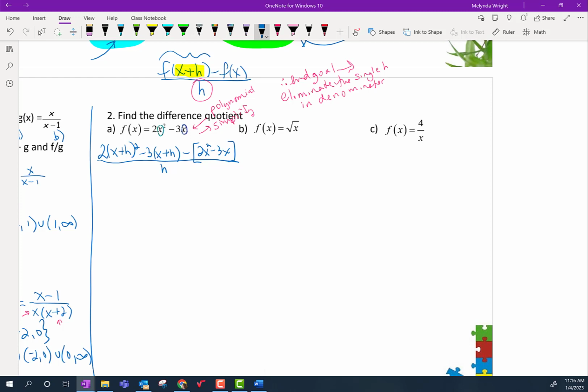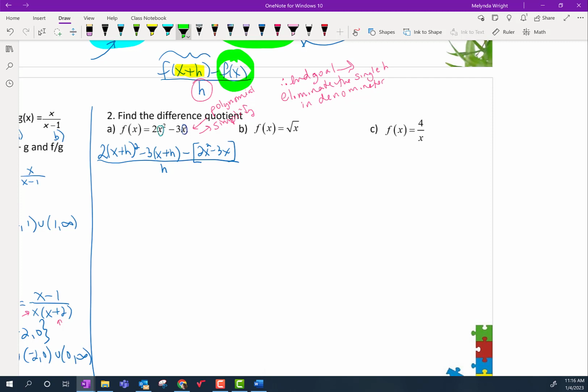Oh, right, this part right here? Yes. This relates to the piece up here, the minus f of x. That's where that comes from. You have to do the f of x plus h, and then you have to subtract the whole function. Other questions? Good questions. You know I love questions. What else do we have?